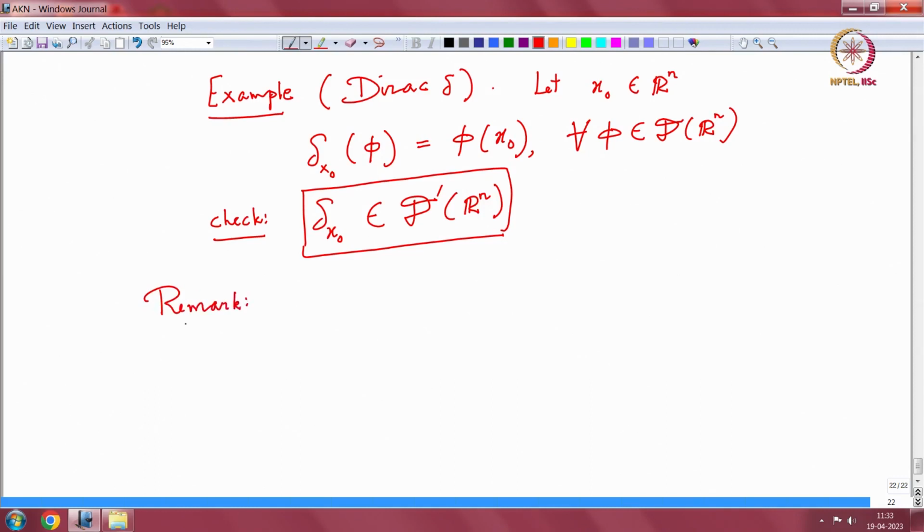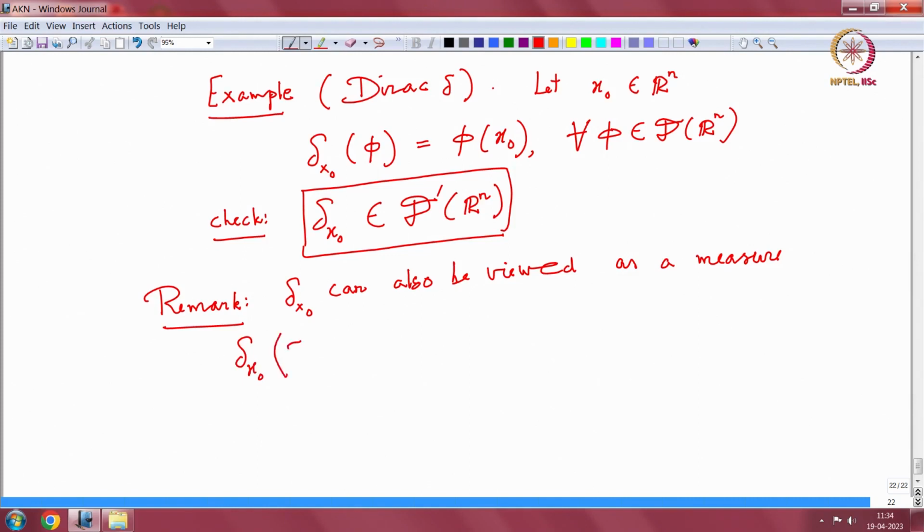So, delta of x naught can also be viewed as a measure, a nice measure actually. How do you define it? You need a sigma algebra, and my sigma algebra is the power set. So, that is no problem.